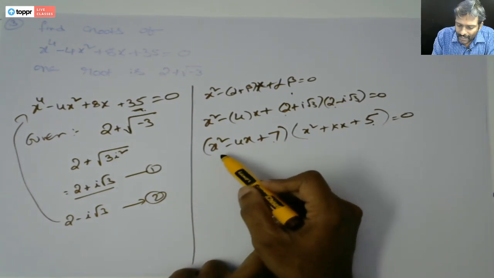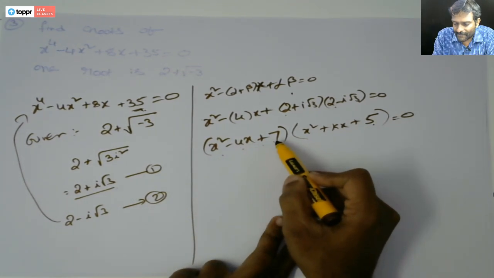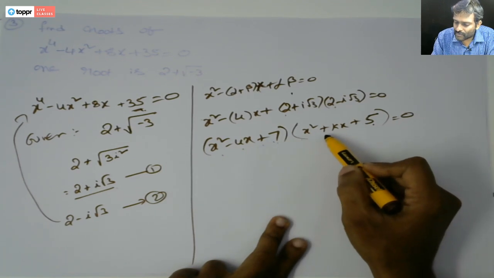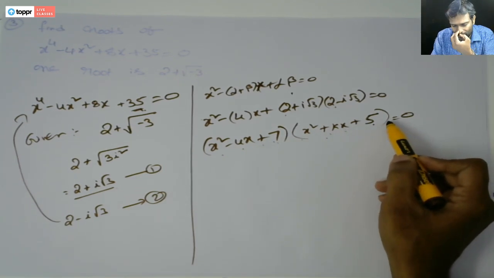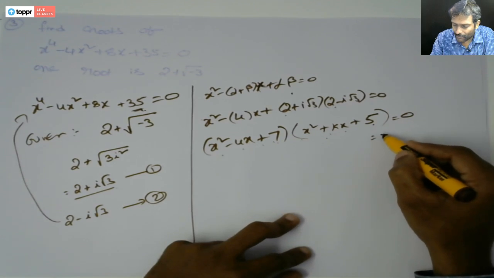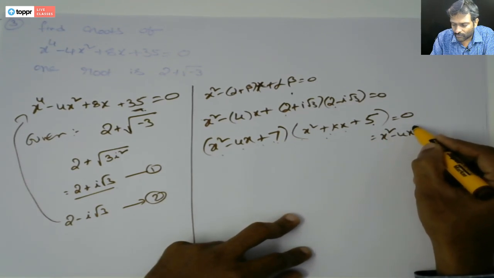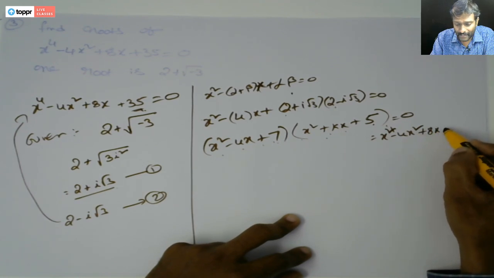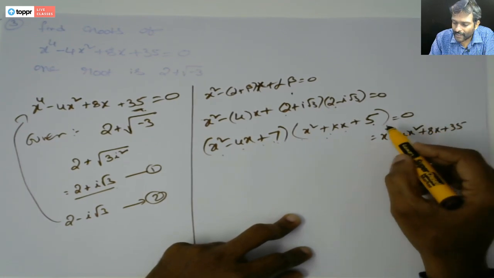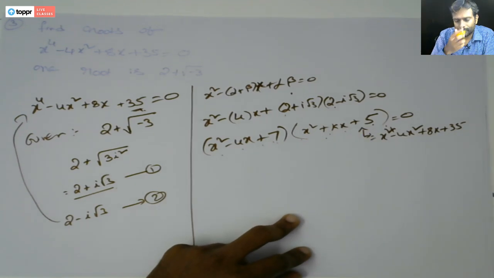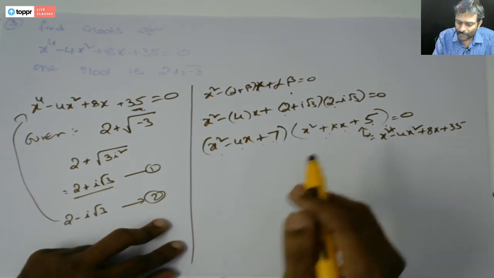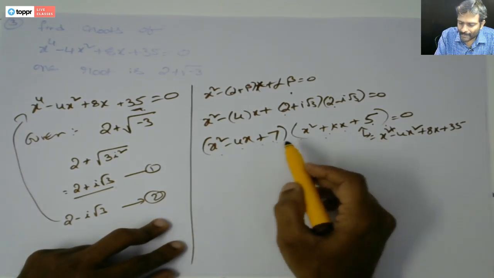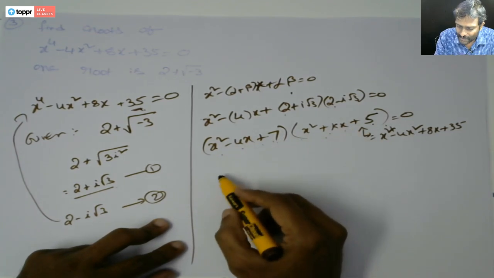So x square minus 4x plus 7 times x square plus kx plus 5 is equal to x power 4 minus 4x square plus 8x plus 35. These two are equal.